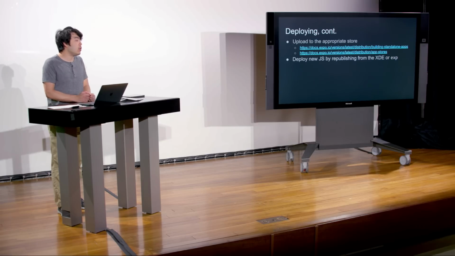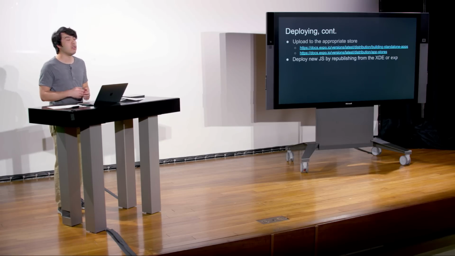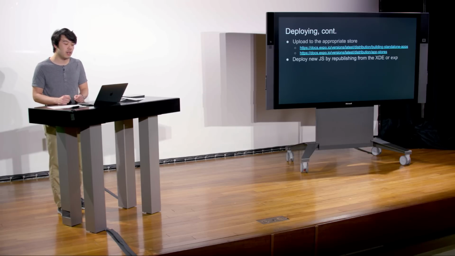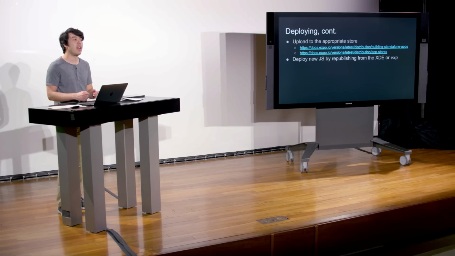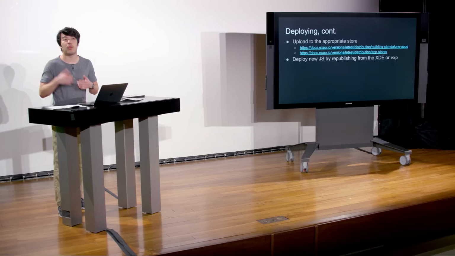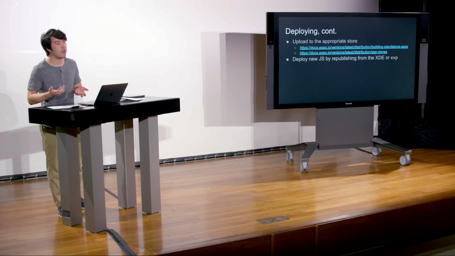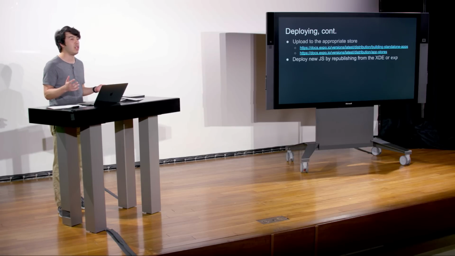One great thing that you can do with Expo is to deploy new JavaScript by republishing. And that's called over-the-air updates. So you actually upload a new bundle because the way that your app works is it's really just a shell that's running JavaScript code. And so you can go ahead and download some new JavaScript from the web and run that as your application.